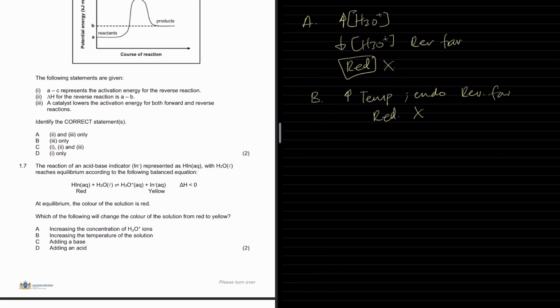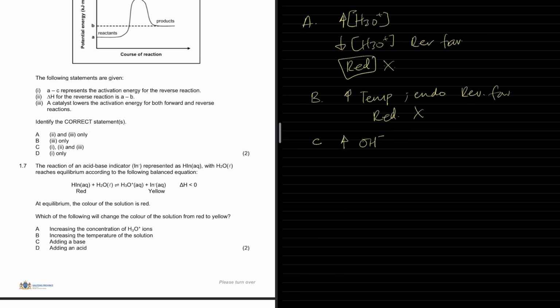So that's out. If you look at C, if we add a base, what does adding a base do? Adding a base basically means we are increasing the OH-, but since there's no OH- in the equation, we can think about what a base does. A base is a proton acceptor.